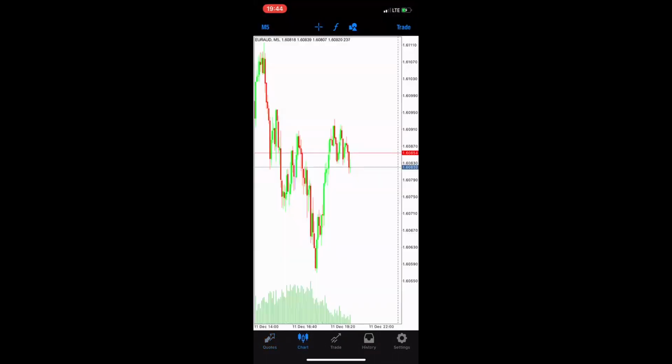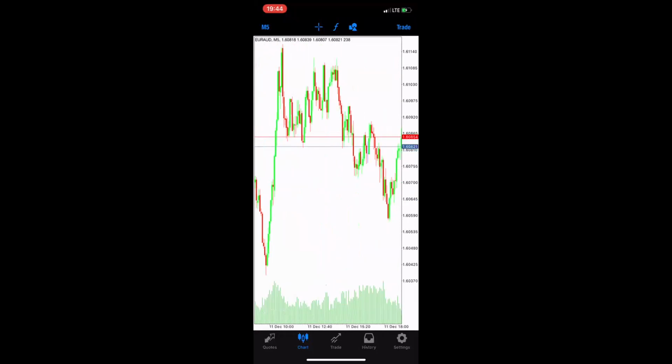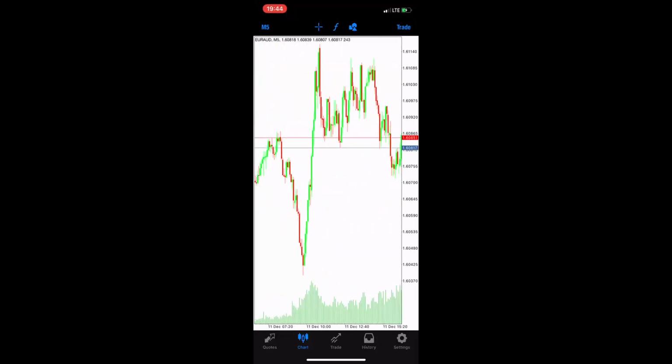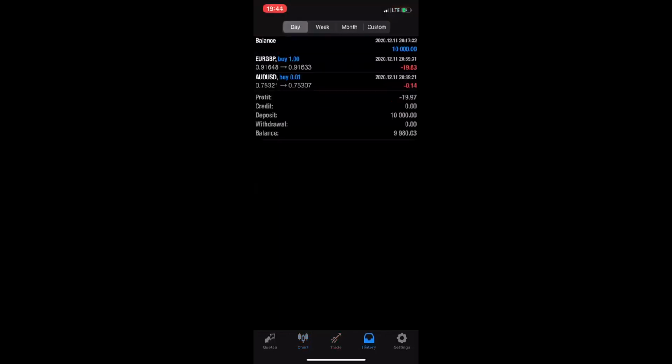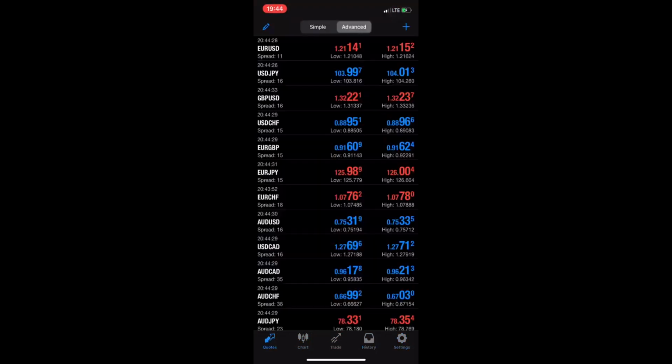We have the chart, the graphical representation of the market, which I explained to you that in the next advanced class, we'll be having more talk about the candlestick, the support and resistance, the wicks and all. I explained the trade, the balance, equity, free margin, margin level and all. And I also explained the history, the settings, and also for Android users, how to get your settings.